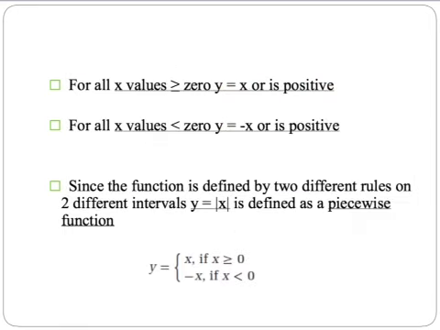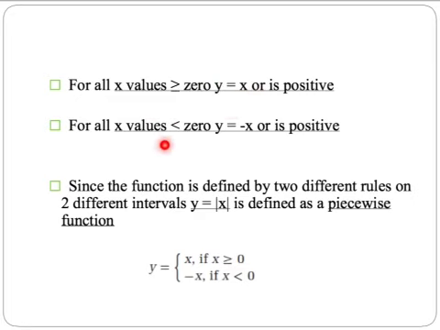Alright, so with our graph, what were we saying? Well, for all values of x that are greater than or equal to 0, y equals x, or it's positive. If you remember back to our formal definition of an absolute value, if whatever is inside the absolute value is positive or 0, greater than or equal to 0, we bring it out positive.